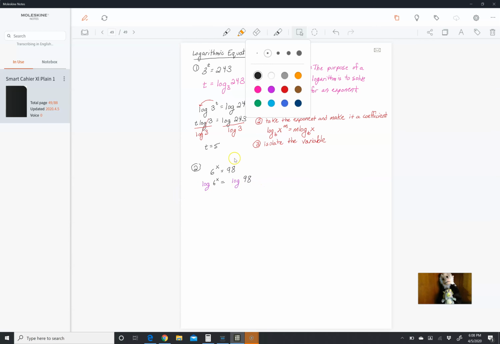So this is the difference between the top equation and the bottom equation. We haven't changed anything about the equation. It's still equal. Now we can move this x out to the front. So again, here, we take the log of both sides.